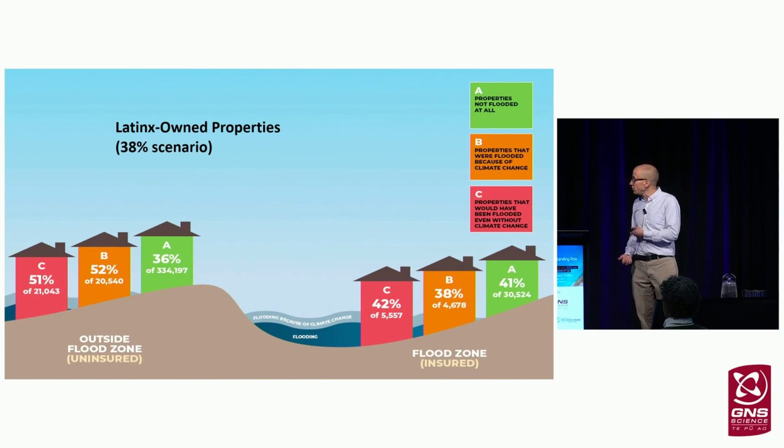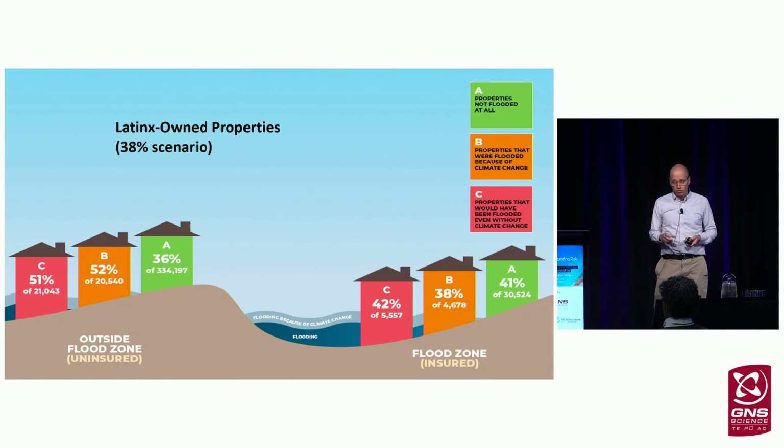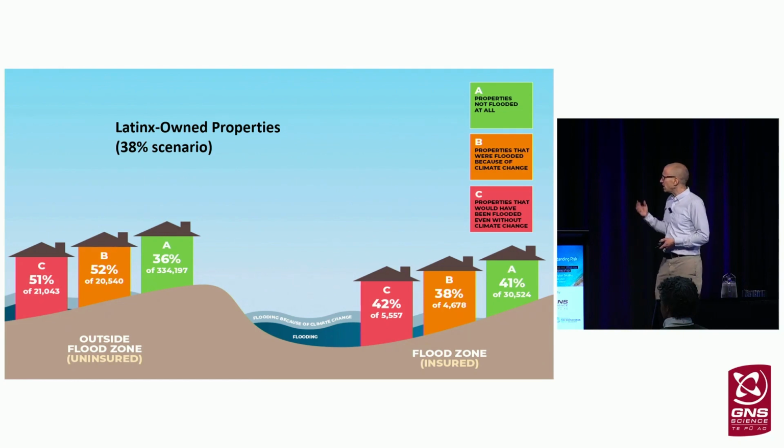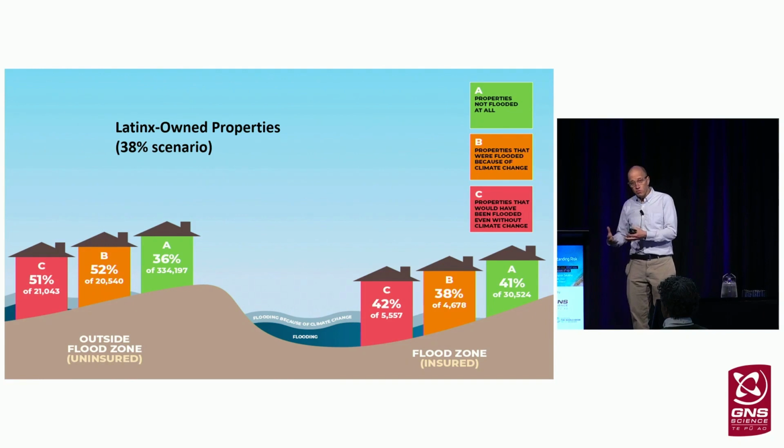But for those that are uninsured, or likely to be uninsured, there's no prohibition on buying flood insurance if you are outside the flood zone, but people are very unlikely to do it. It's a significant difference because more than 50% of these houses are Hispanic. So Hispanics that are uninsured seem to be more vulnerable to this.